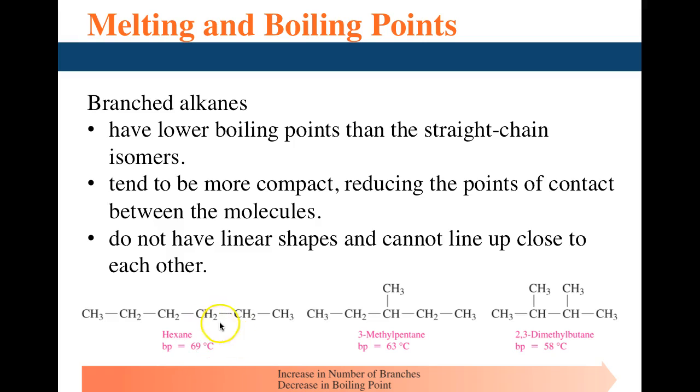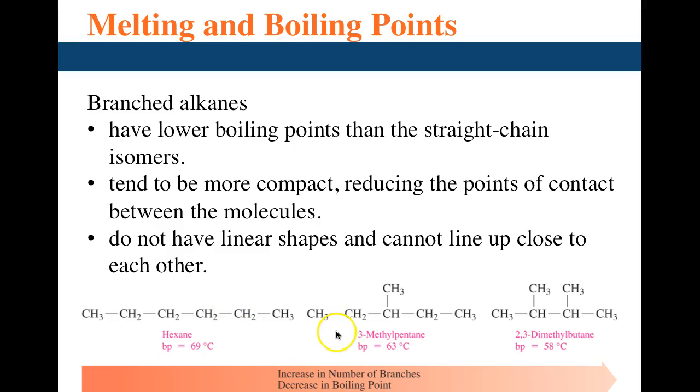If you take a long chain alkane and a branched alkane and compare the boiling points, you'll see that the branched alkane has a lower boiling point compared to the unbranched alkane. The more branches, the lower the boiling point. When the shape is linear like this, they stack well. The molecules have more points of attraction.